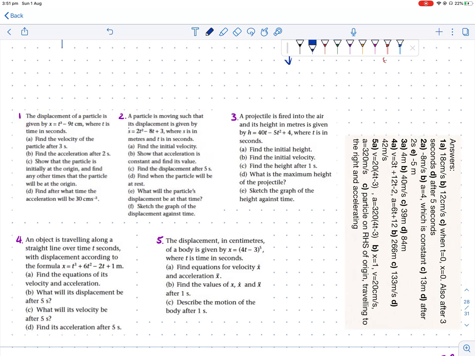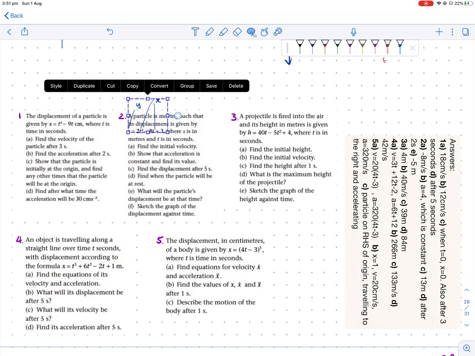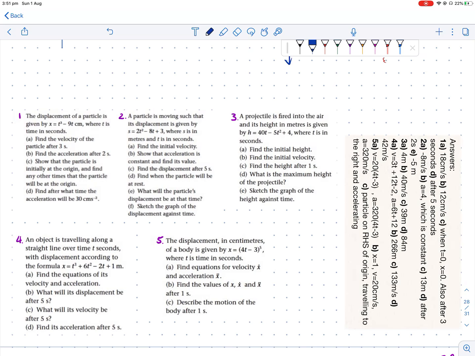When you put it into graphing software, you'll change the S into a Y, and then your T values will turn into X's. So you still write out a Y equals X sort of equation, okay? And remember, we're always taking T to be positive. So we're only looking at the right-hand side of the axis. So if you could give those questions a go, if you need any help, make sure you ask.